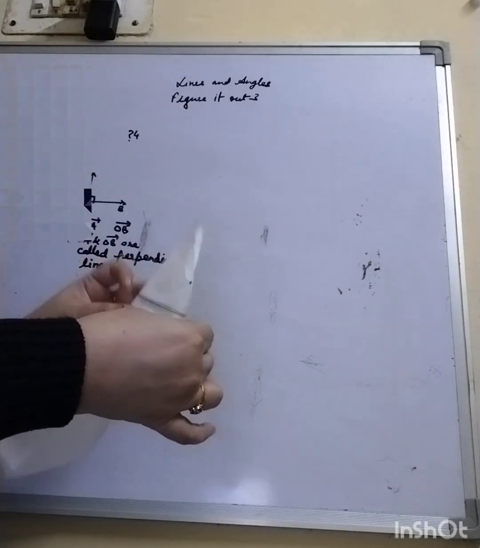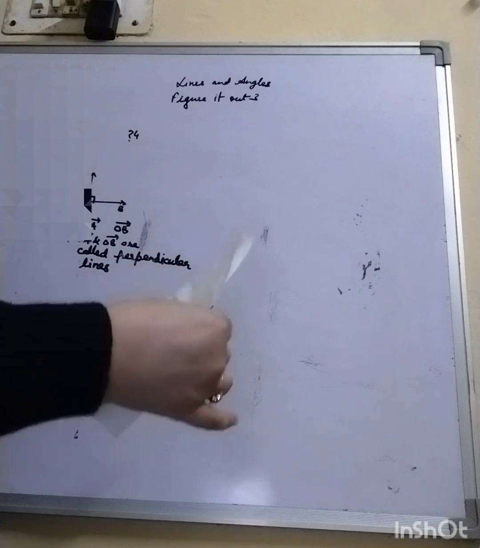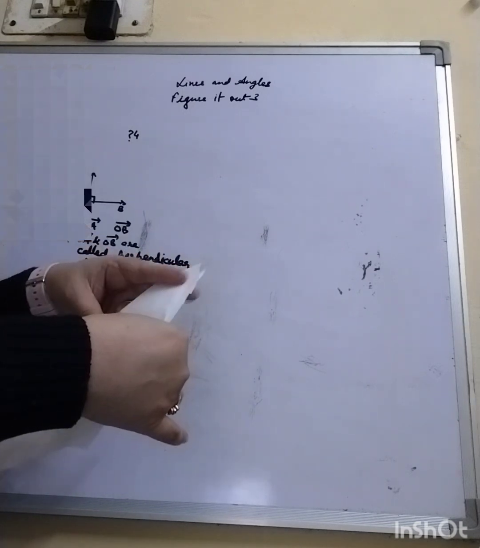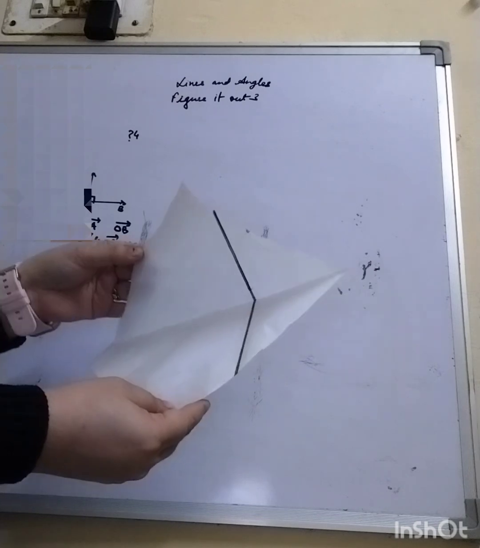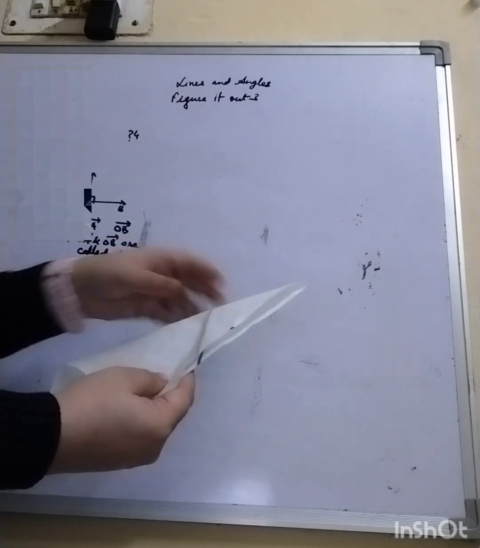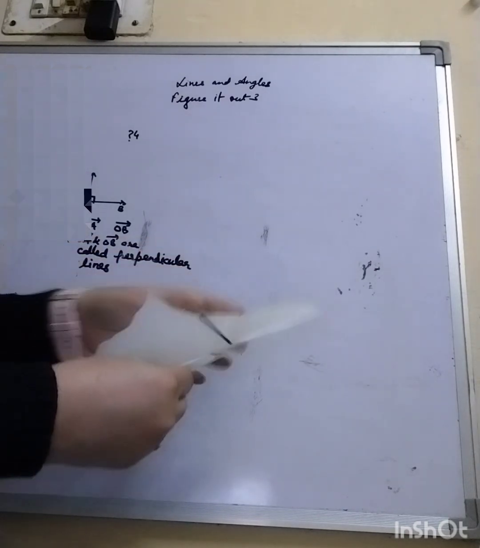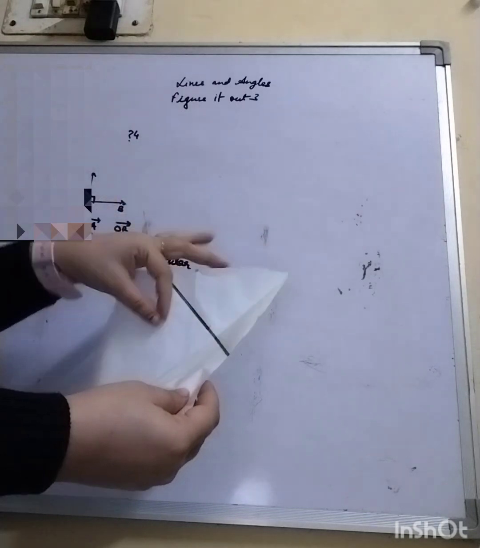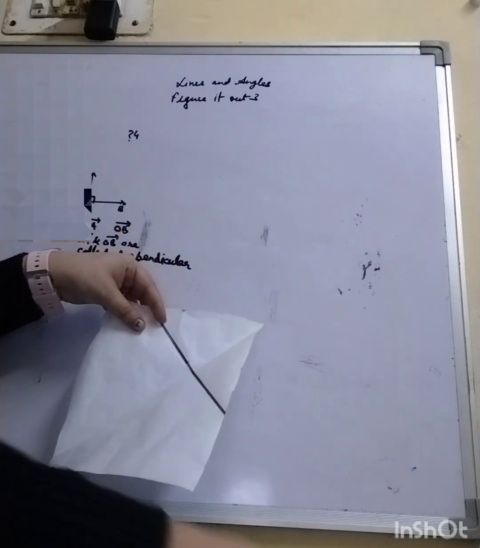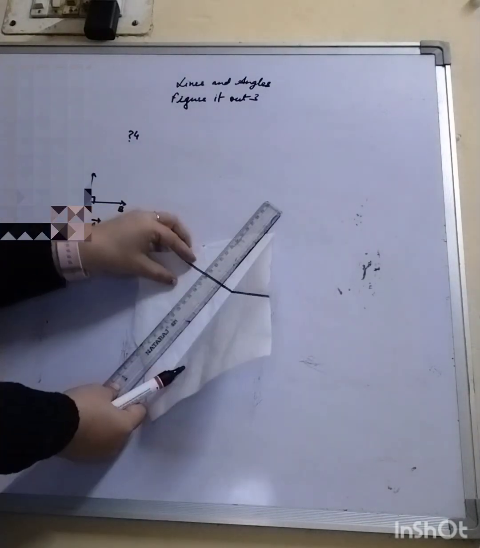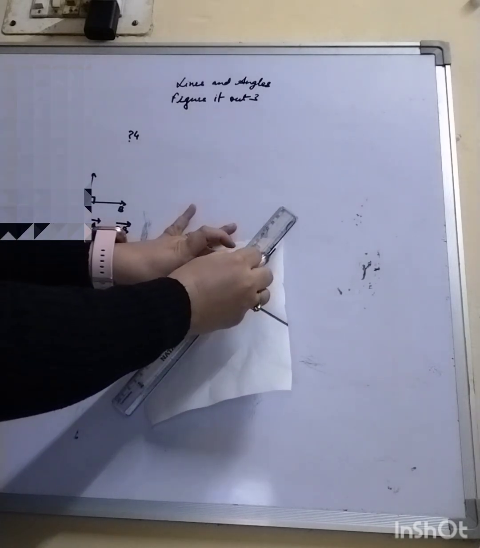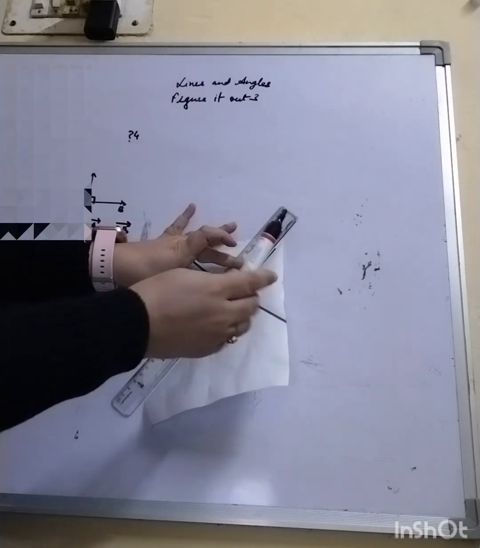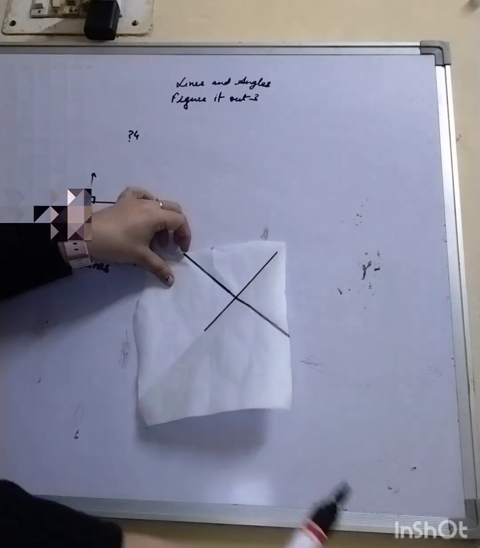So like this, you have these two lines overlapping each other. I have simply folded the lines such that they overlap each other. The fold that you get now is perpendicular to the first line. So if I draw it here, then this fold is 90 degrees.